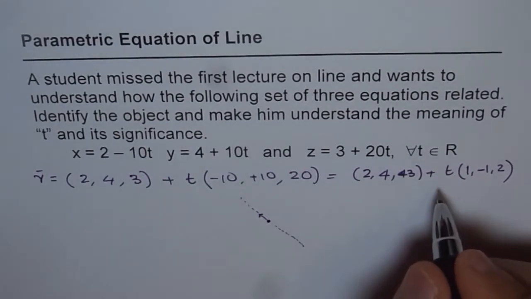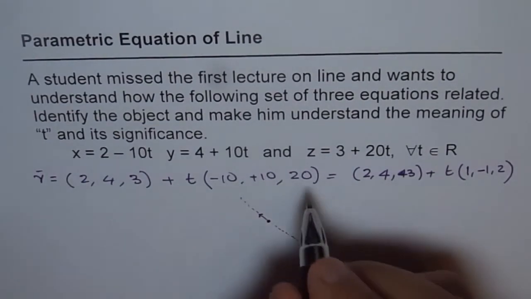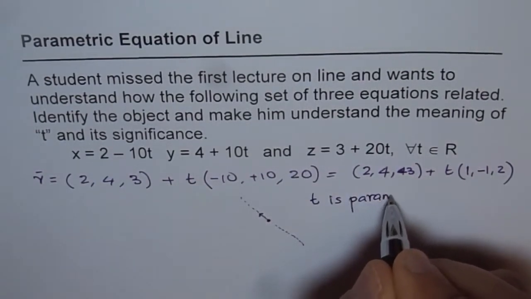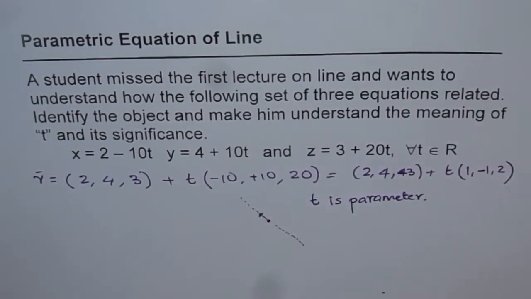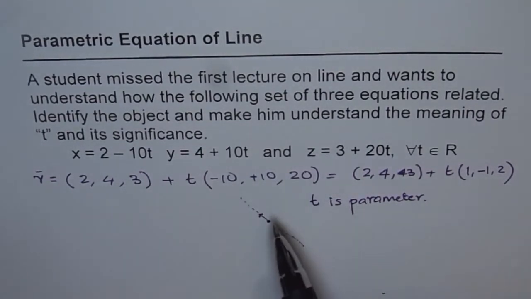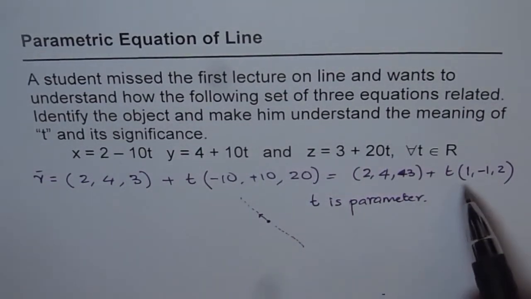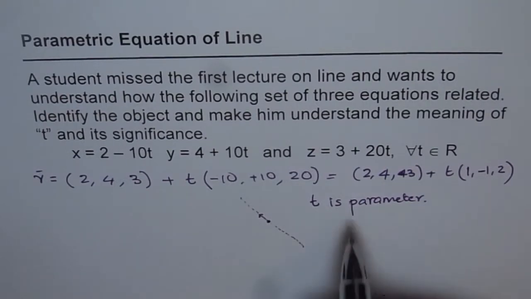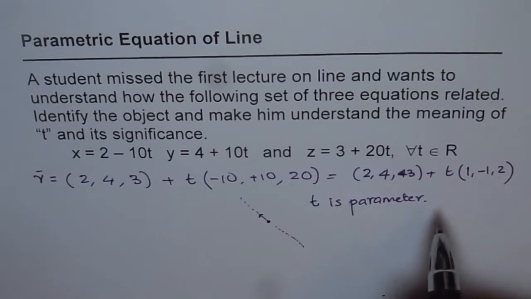So t here is called the parameter. Whenever we define some variable with respect to another variable, we call that other variable a parameter. So what is a parameter? A parameter is the other variable which helps us to define another variable. So it's relating variables, correct?